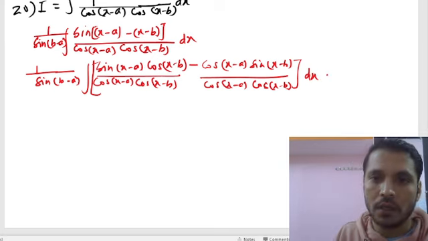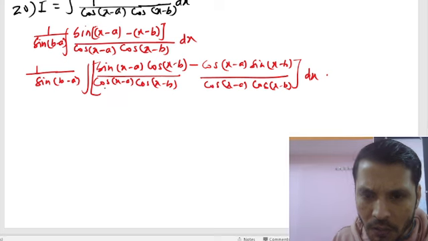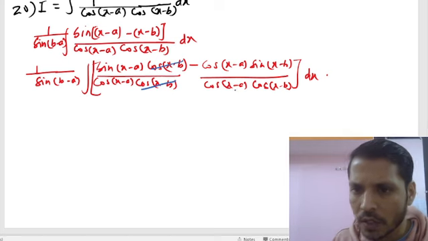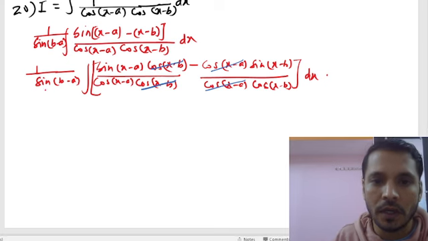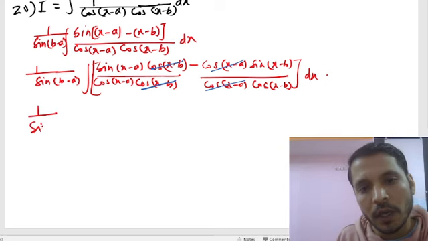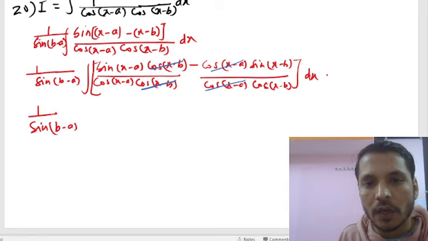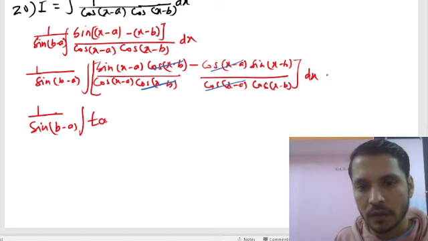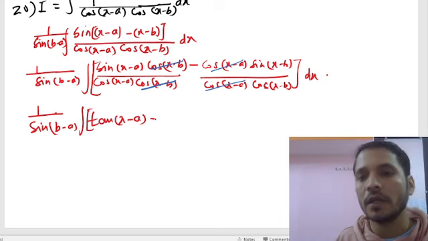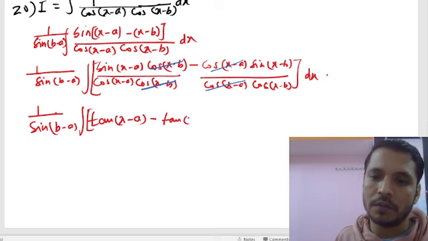Right, now we can cancel cos x minus b in the first term, and also cos x minus a in the second. What are the remaining terms? 1 by sin b minus a, and inside the integration we have sin x minus a by cos, which is tan x minus a, and minus sin by cos, again tan x minus b.